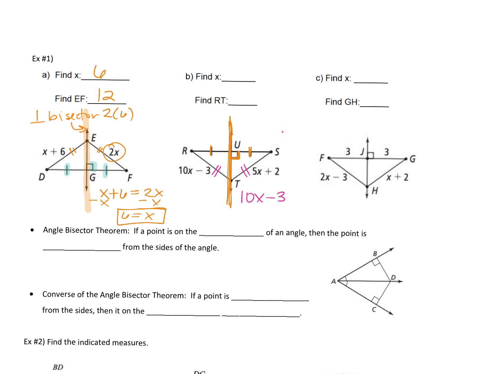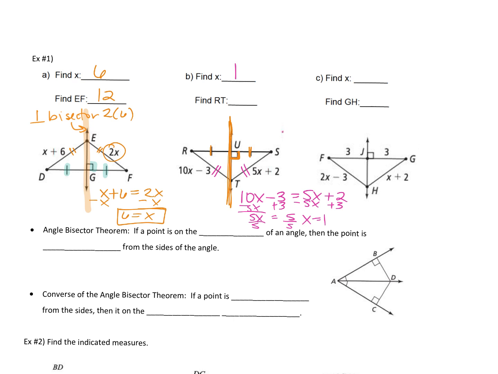Set them equal: 10x minus 3 equals 5x plus 2, and solve it. So take away the 5x, add the 3. So 5x equals 5, divide by 5, and x is 1.